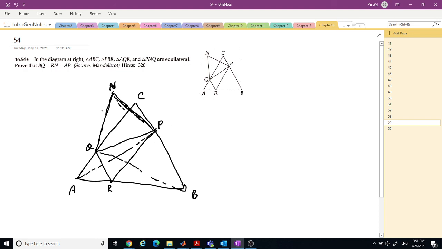Let's see, this side length is P, this side length is N, then this side length is M. Then this side length will be N minus M, this is also M, and this will be N, okay? And we also have a lot of 60 degrees. So now let's construct some triangles.